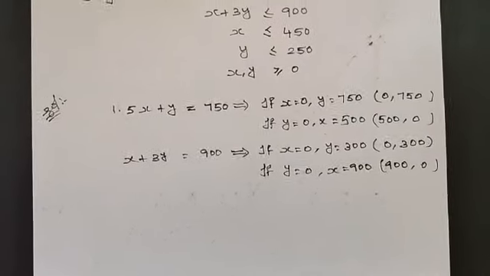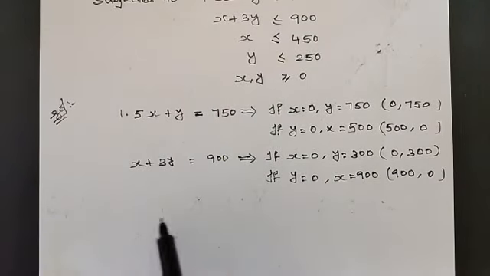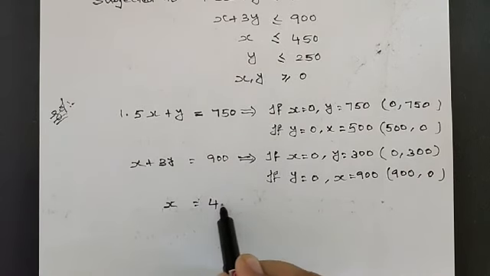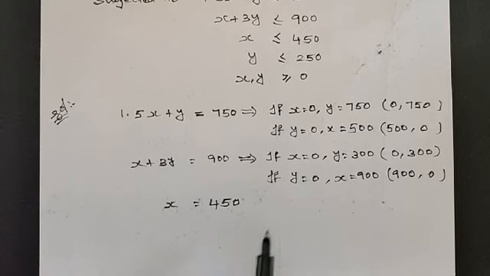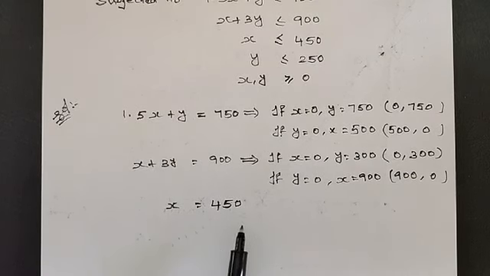Then what about the third constraint? The third constraint is x less than or equal to 450. If you convert that into equality, then x is equal to 450. Here there is no y term, so for any value of y, the value of x is equal to 450.